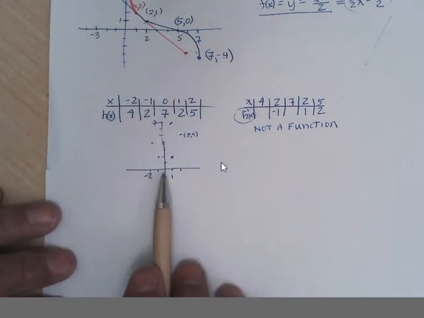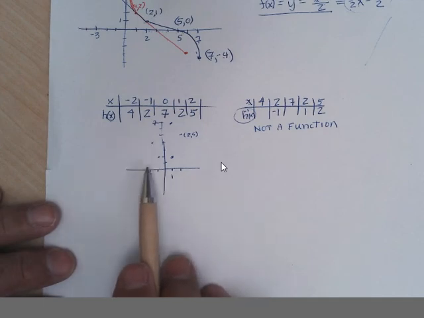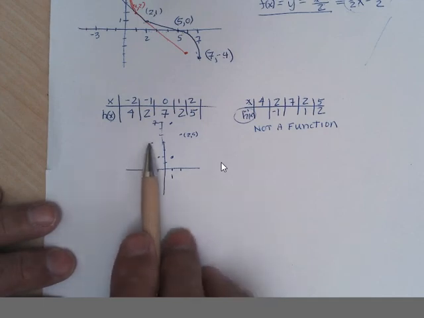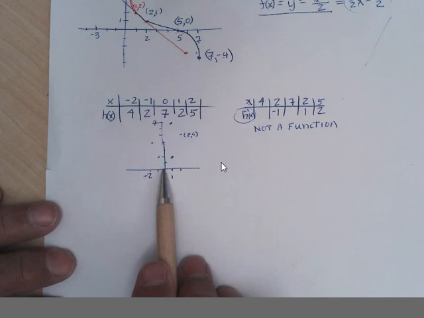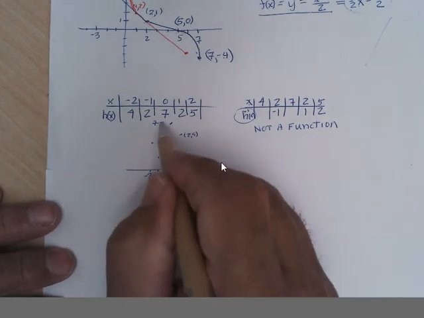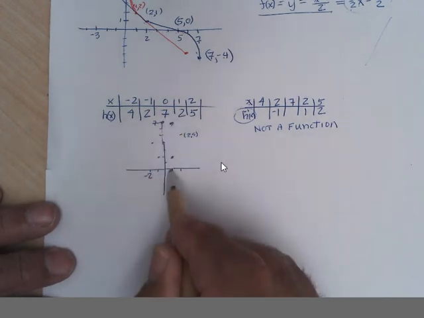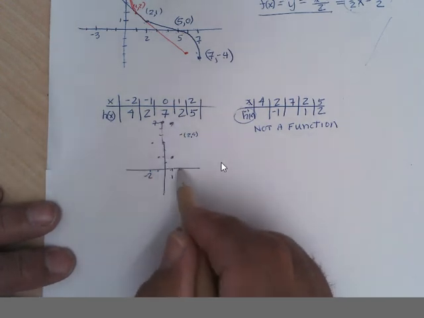For every x, there's only one output. Negative 2, there's a 4. At negative 1, there's a 2. At 0, 0 was 7 up there. 1 was 2, and 2 was 5.